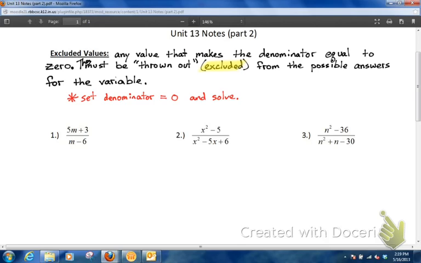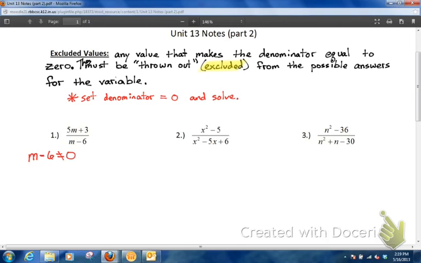But the method I suggest is to set the denominator equal to 0, though technically we're setting it not equal to 0. I'm saying that m minus 6 cannot equal 0, because if it does, I would have a fraction with 0 in the denominator, meaning it's not a real number, it's an error. You're not allowed to divide by 0. So we're actually solving for the denominator not equaling 0.